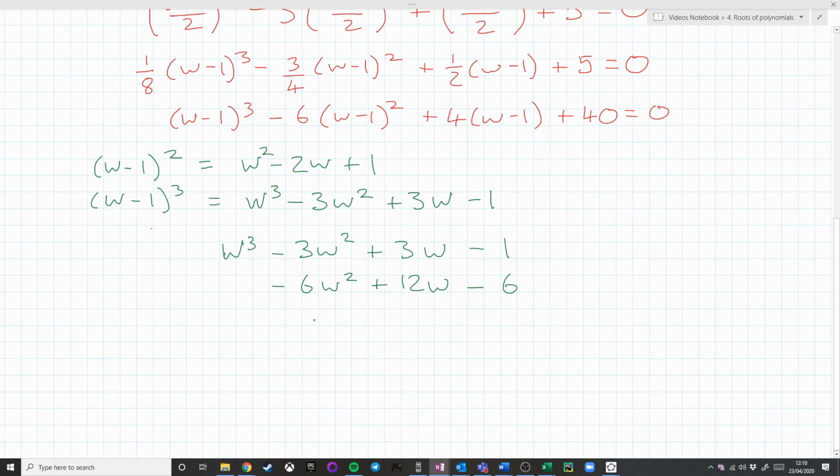So I'm putting this all in, and then I've got plus 4w minus 4 plus 40, and this is all equal to 0, and then I add them all up, so I get w cubed minus 9w squared plus 19w, and I've got 40 minus 11 plus 29 is equal to 0.